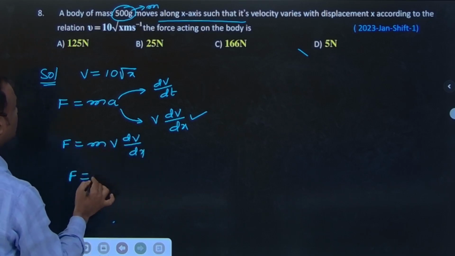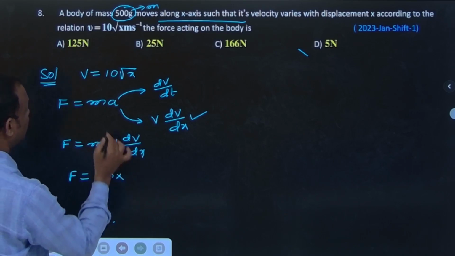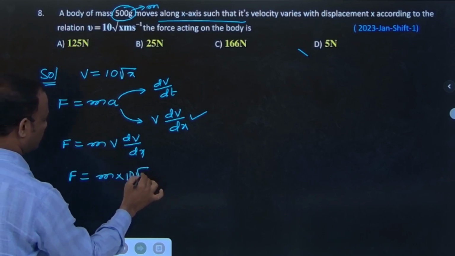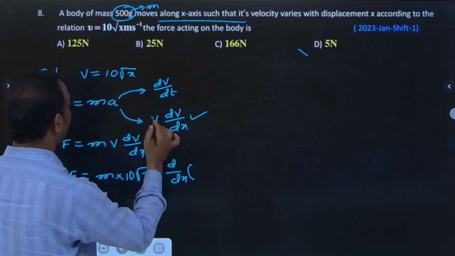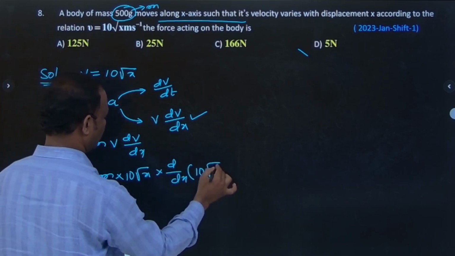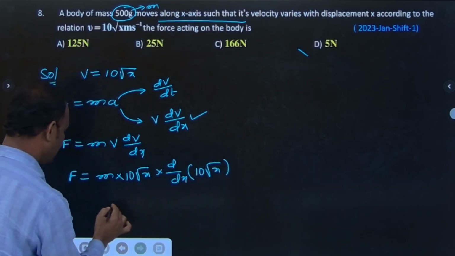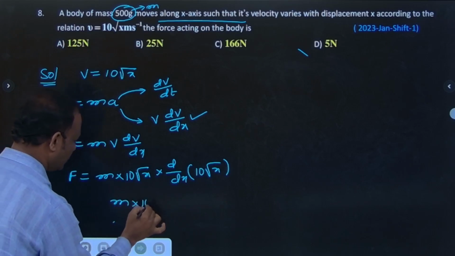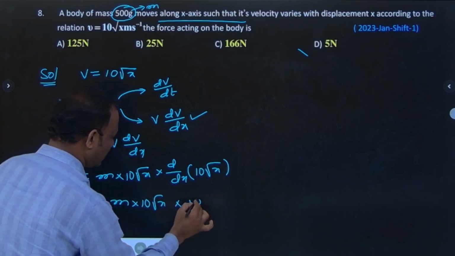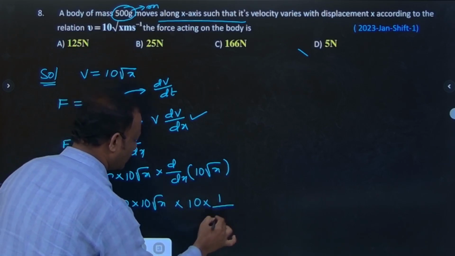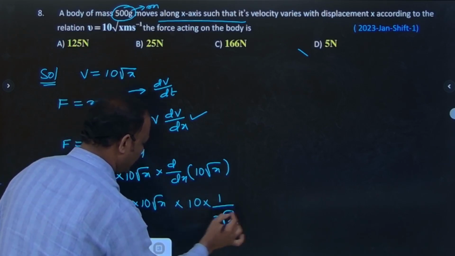F is equal to m, and the velocity is 10 root x, into d by dx of 10 root x. So this becomes m into 10 root x into the differentiation of root x, which is 1 by 2 root x.